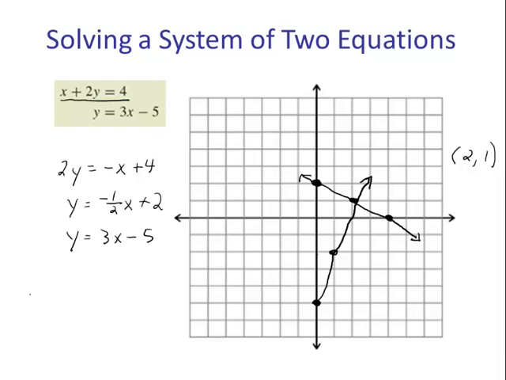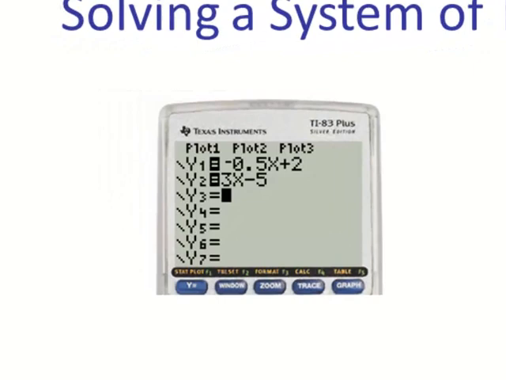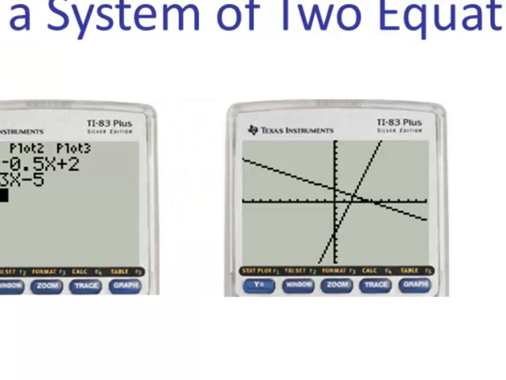Using the graphing calculator, we put in the equation negative 1/2 x plus 2 as y1 and 3x minus 5 as y2. We hit graph.